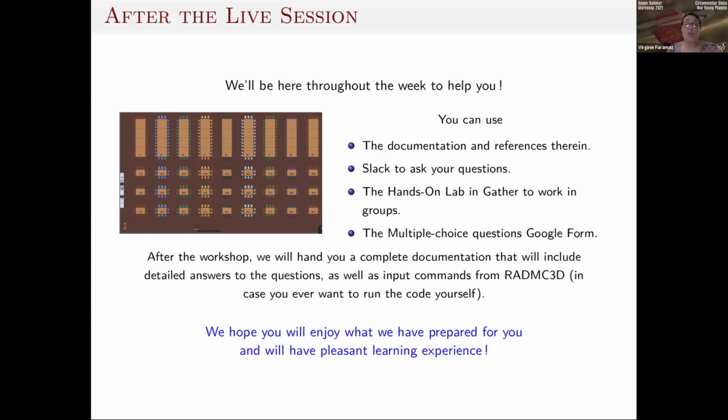I will also make sure that it includes the input commands for RadMC3D, the ones I used to produce the models you will explore, in case you find this very interesting and want to use the code yourself and run models yourself. I will put the input commands in the complete documentation, and we will hand this to you at the end of the workshop.